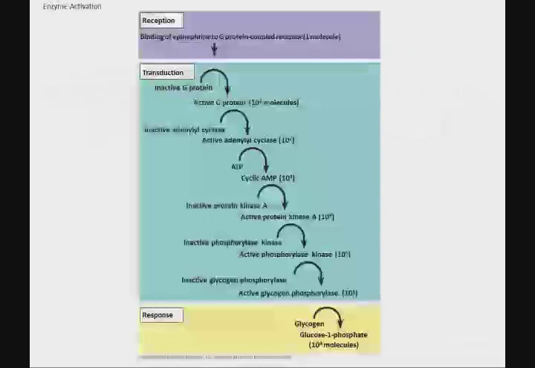So for example, if you bind epinephrine, so adrenaline, to the G protein-coupled receptor, you can actually then talk about the mobilization of glycogen to glucose. This is a time now to move the storage of energy into a utilizable form of energy that we can feed into cellular respiration. Because if I've got adrenaline flowing through my veins, I'm in a fight or flight.